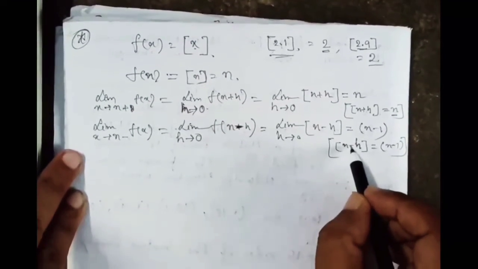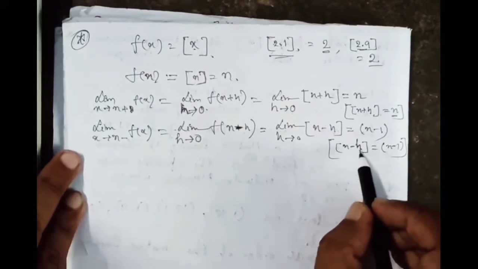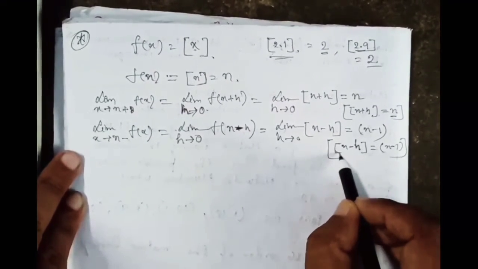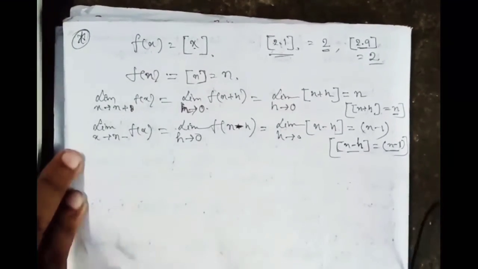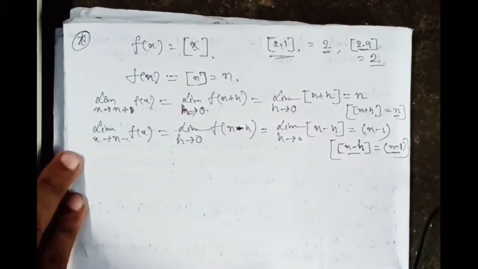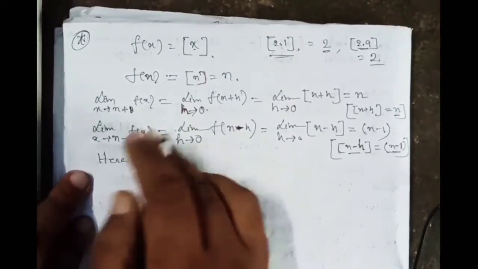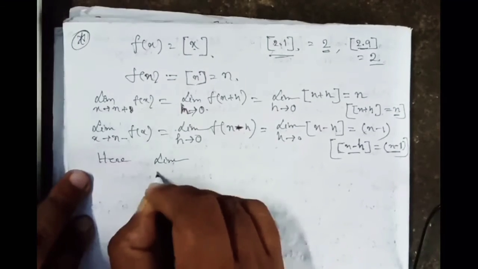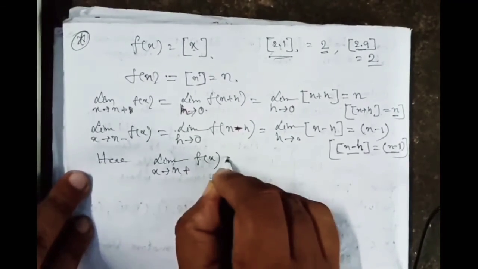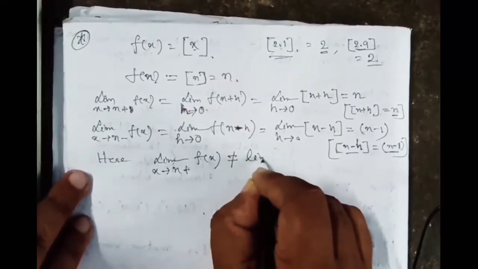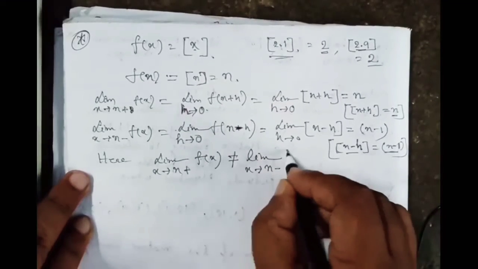Why? Because box of n minus h is obviously n minus 1. Box of n plus h was n, but box of n minus h is n minus 1, the greatest integer not exceeding n minus h. So here, limit x tends to n plus f(x) is not equal to limit x tends to n minus f(x).